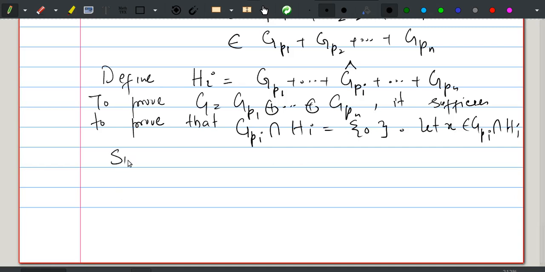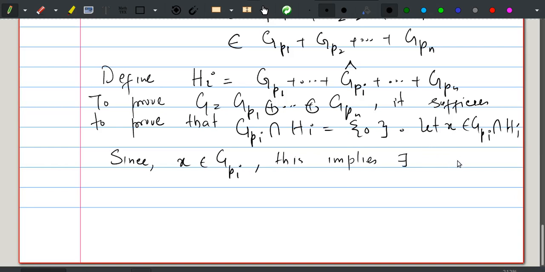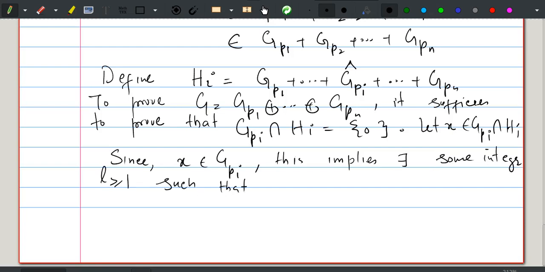Since x is in G pi, this implies there exists some integer, say L, bigger or equal to 1, such that pi to the L times x is 0.